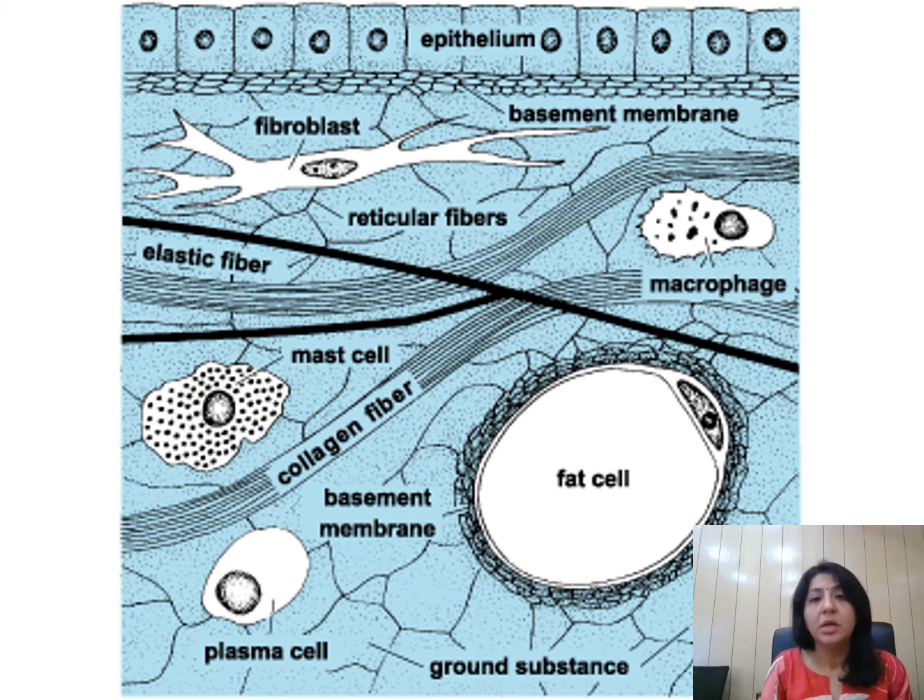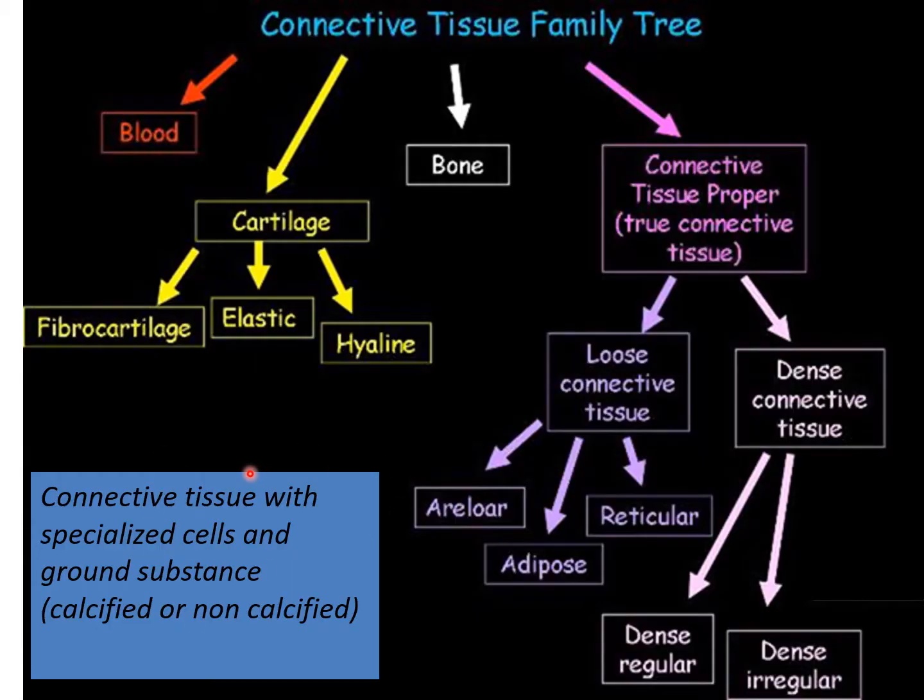Now, depending upon the types of cells which are present, the number of fibers, and the characteristic features of the ground substance, the connective tissue is classified further. Depending upon the ratio of the cells to the fibers, the connective tissue has been classified into connective tissue proper, which consists of the loose connective tissue when the number of cells is more and the fibers are less, like the areolar, the adipose, and the reticular connective tissue.